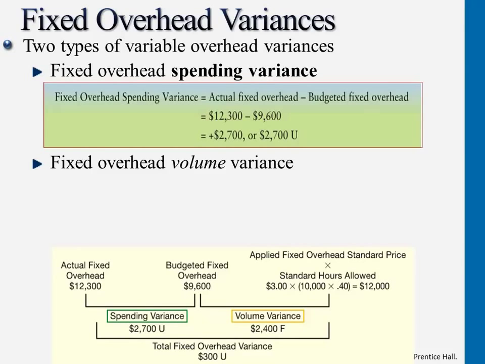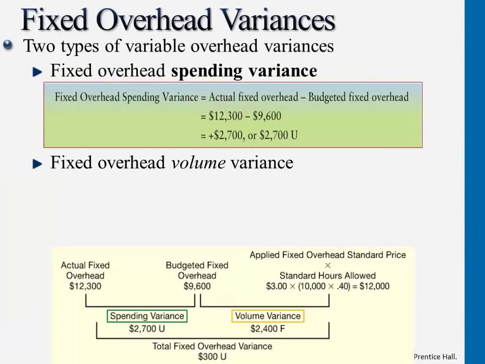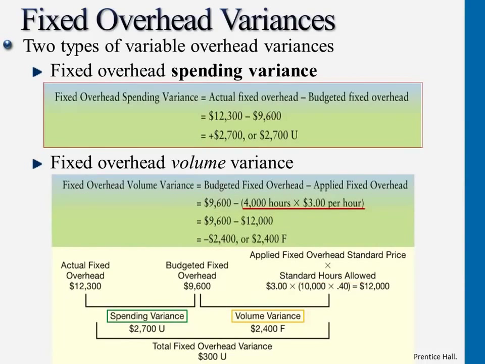So what the spending variance means is, in reality, the difference between what we actually spent and the flexible budget, 9,600. Okay. So what this 9,600 means, you can just understand it as using the standard cost that we used earlier times the total allowable hours. Remember, 4,000 hours was allowed for 10,000 DVD outputs.